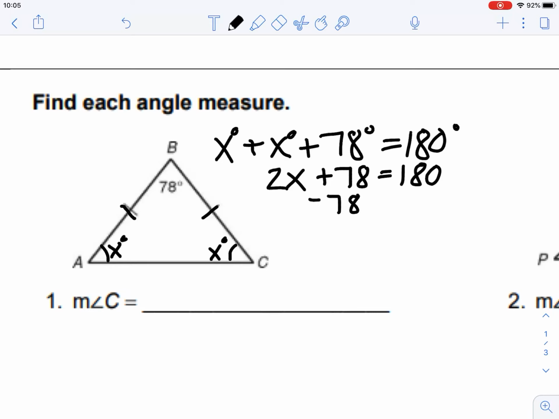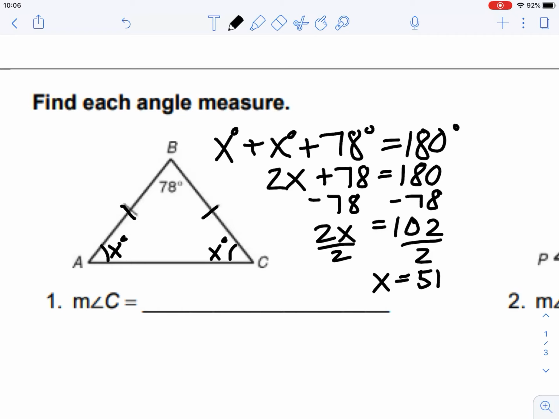I subtract 78 from both sides. 2x is equal to 102. And when I divide both sides by 2, I'm left with x is equal to 51. If x is equal to 51, then I can conclude that angle C and angle A are both equal to 51 degrees.